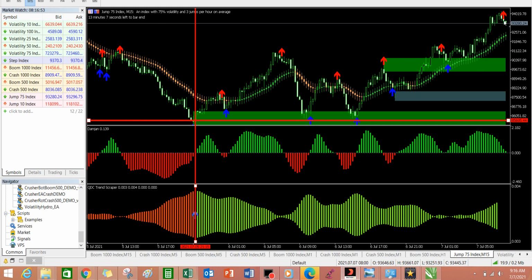So if you are yet to go into your real account, you can try it out on your demo account. If you have been taking some of these trades on your real account and you've been successful with it, or you already understood the way the indicator is working, then you can also go into your real account.